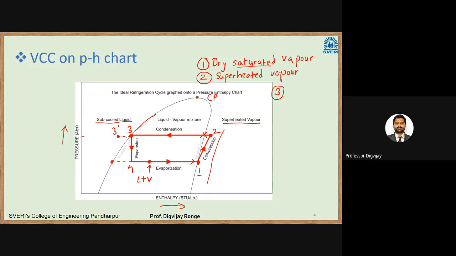Then what happens? From 3, we pass it through the expansion valve. It comes to point 4. Okay, so 4 is the end of the expansion valve, or we can say it is the entry to the evaporator. Now, by looking at the diagram, you have to tell what will be the condition of refrigerant at point 4.